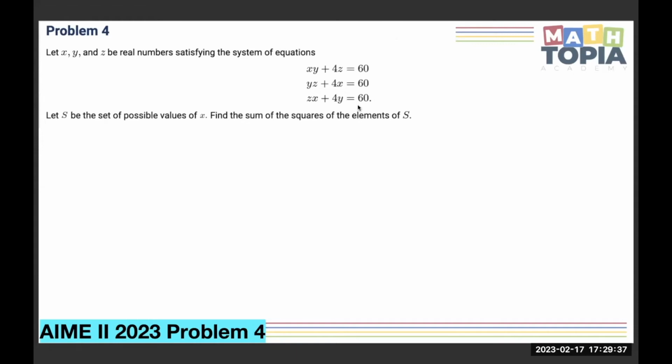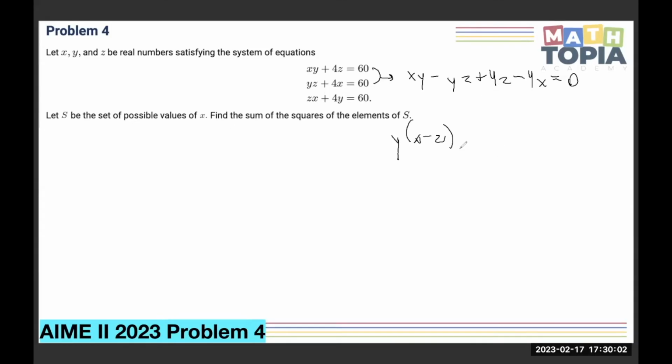And that's exactly what we can do just by subtracting these two equations. If we subtract these two equations, xy minus yz plus 4z minus 4x equals 0. As I just explained, this ends up being x minus z times y, and this ends up being z minus x times 4.